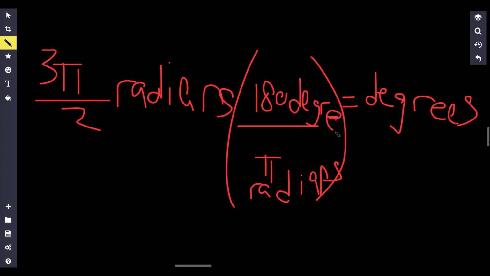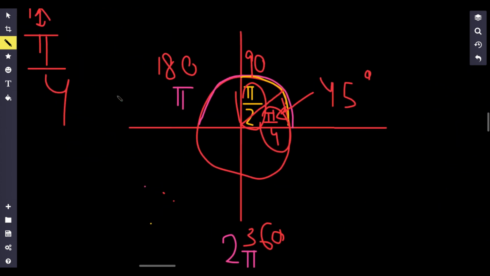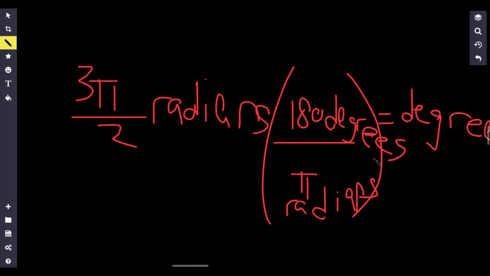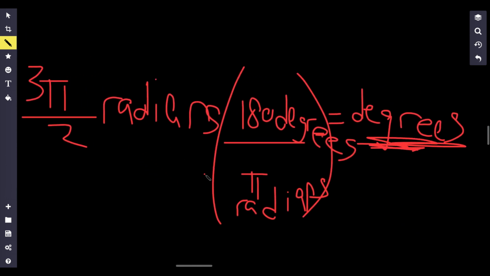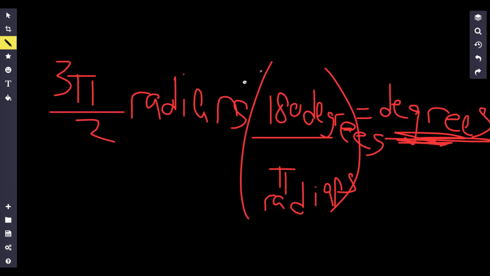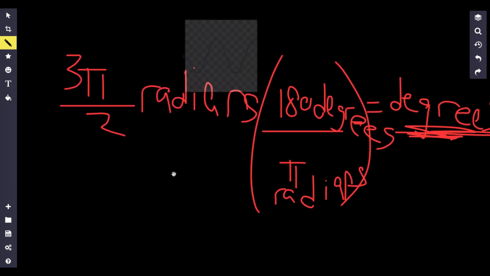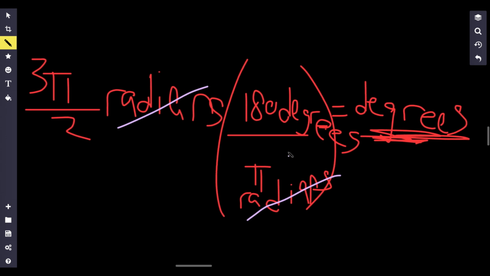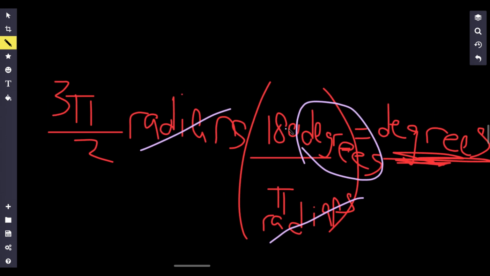That is our conversion factor. Before we said how pi is equal to 180 degrees. So if I want to get to degrees, there has to be a radians on top and a radians on the bottom so that I can cancel out the units. So now I'm left with degrees, which is the unit I want.